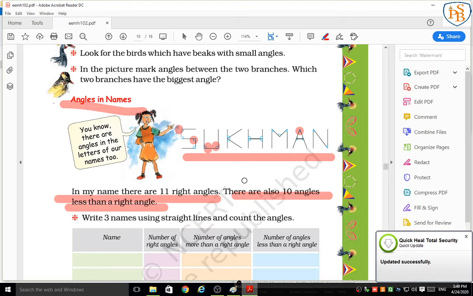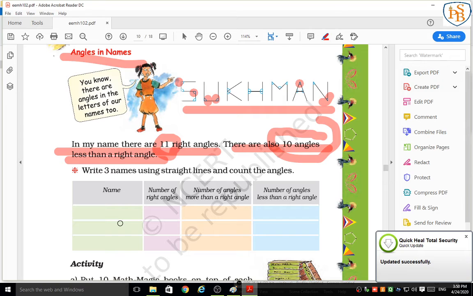And less than 90 degree, less than right angle, here is 1, 2, correct students, 3, 4, here is less than right angle. So in the Sukhaman name there are 11 right angles and 10 angles that is less than right angle.